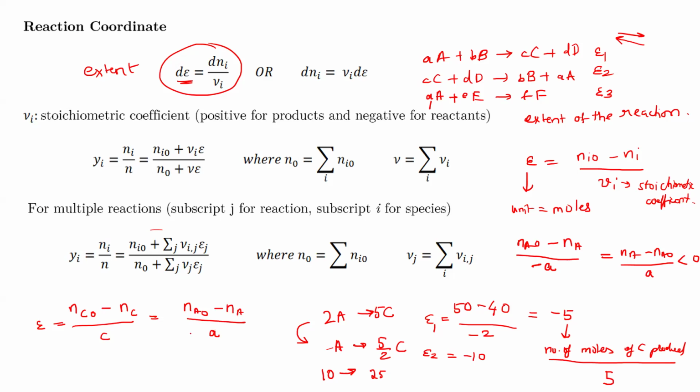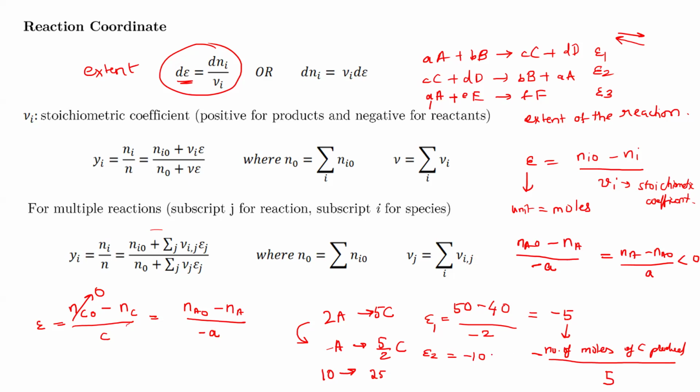Both are equal. Assuming NC naught is 0, this is minus 5, so NC equals 5 into 5, 25.